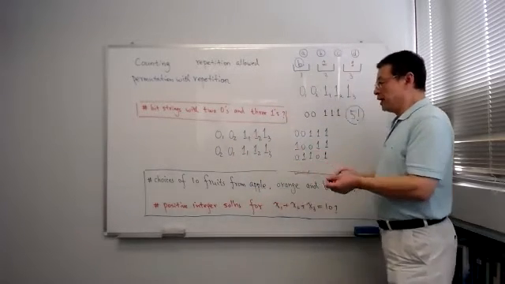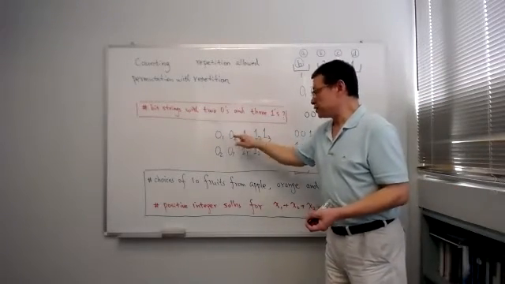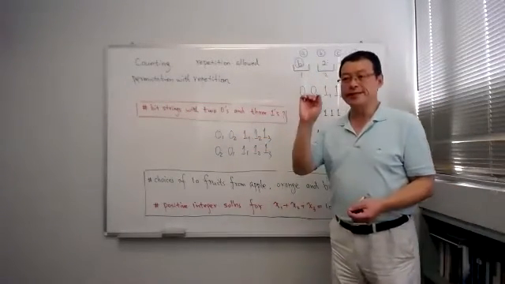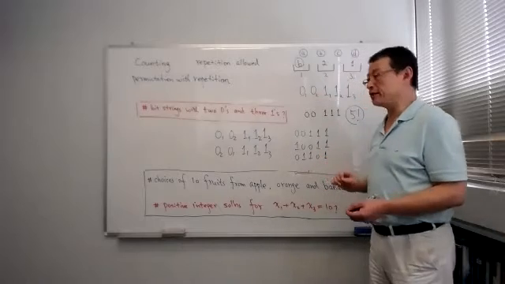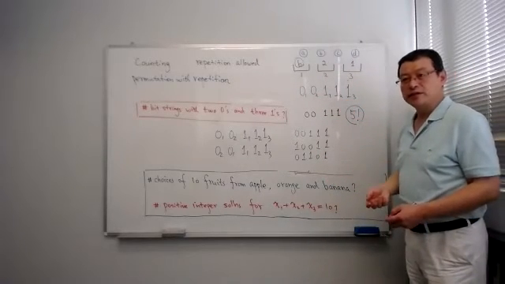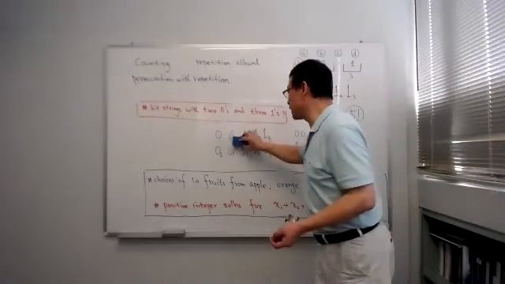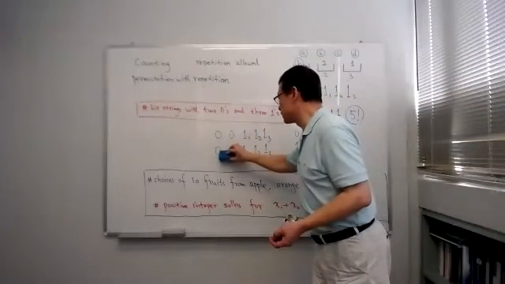So these two are different when these are different. And now if the 0s and 1s are the same, then these two will be regarded as the same string. So that's the difficulty. If we just use permutation, they will be overcounted. So we need to avoid overcounting. When they're the same, these two should be regarded as the same string.